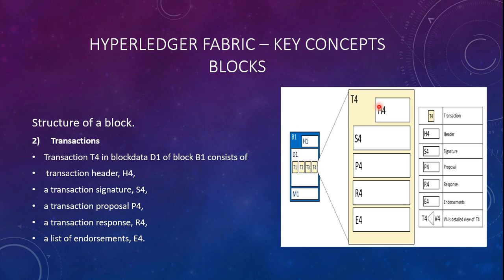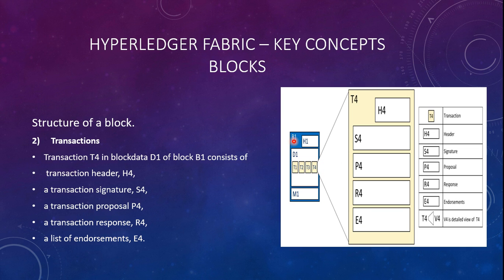So the transactions also have a header, which is H4. Then it has a transaction signature S4, a transaction proposal P4, a transaction response R4, and a list of endorsements E4.